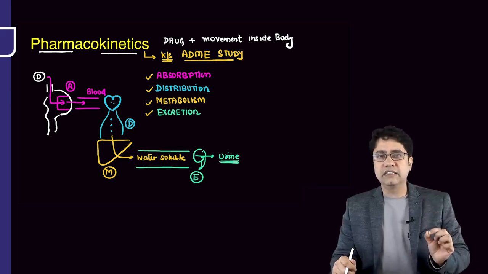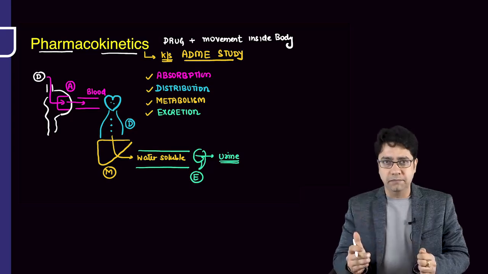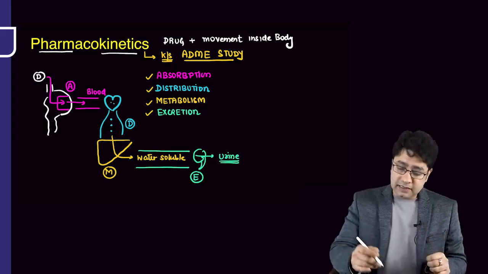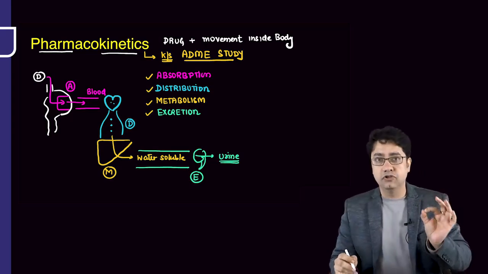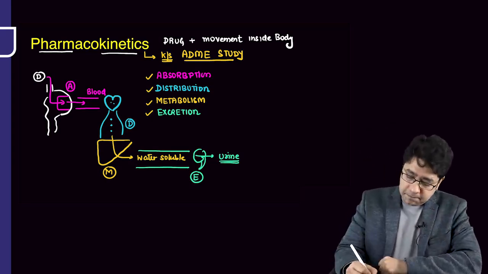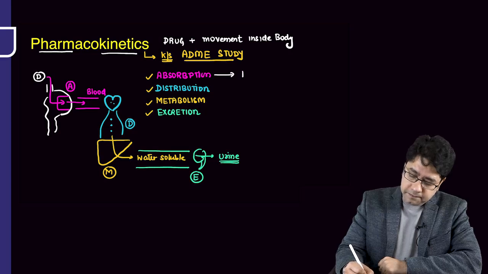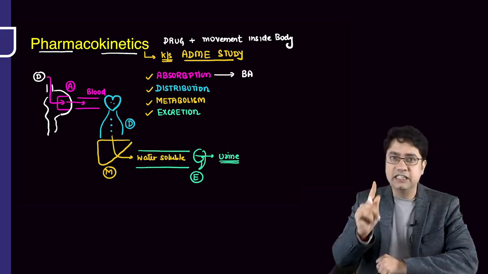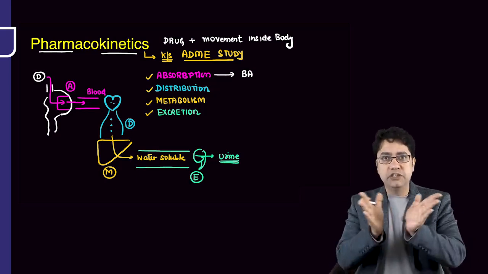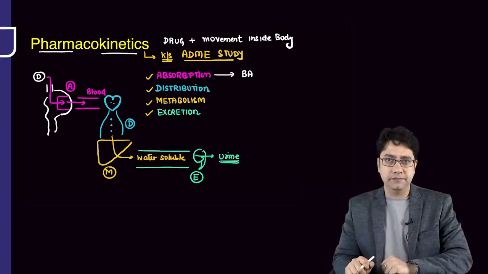Now, we will discuss all these parameters one by one, but remember one point initially, that when we will discuss absorption, we will calculate one parameter. That parameter will be BA. BA stands for bioavailability of a drug, that is how much drug is coming into the blood.